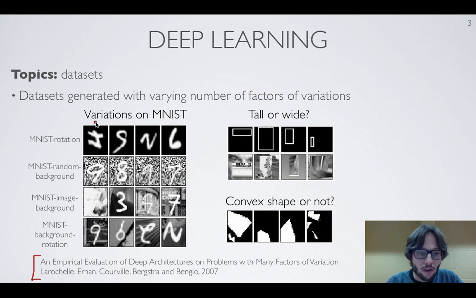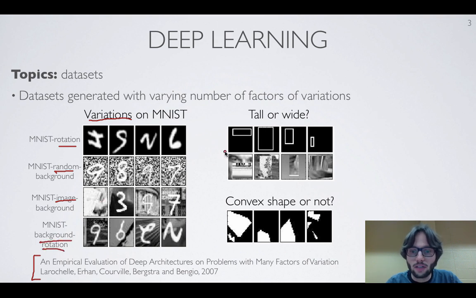We had a bunch of variations on the MNIST data set where we added rotation, so we see here characters with different amounts of rotation, the incorporation of a random background or a background extracted from an actual image taken from the web, and a combination of rotation and some background.